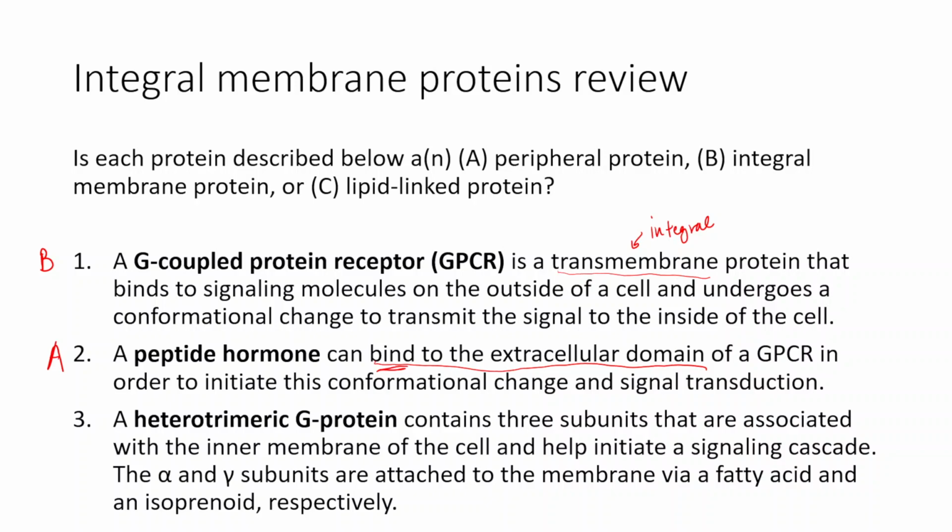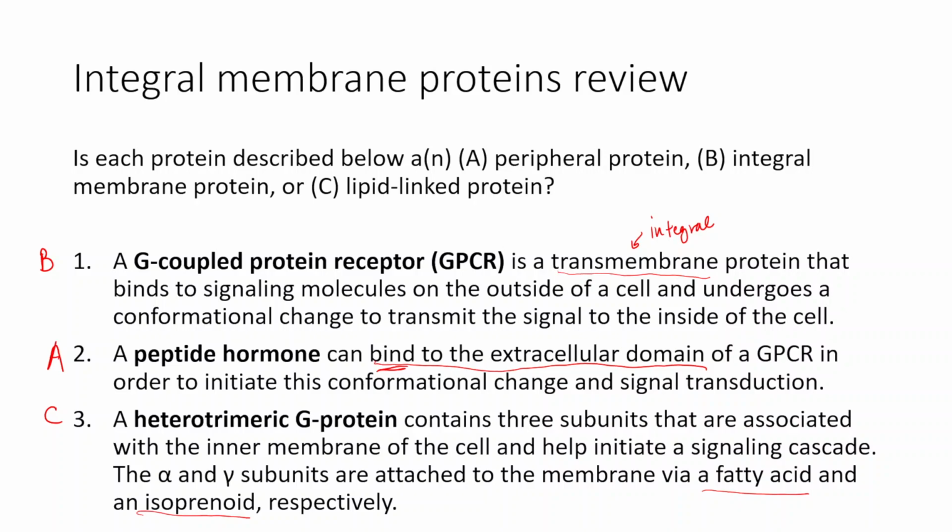That brings us to our last one, the heterotrimeric G protein. What kind of protein is that? Yeah, it is lipid linked. And how did you know that? Exactly. A fatty acid and an isoprenoid are both different types of hydrocarbon linkages that help tether lipid-linked proteins to the cell membrane.